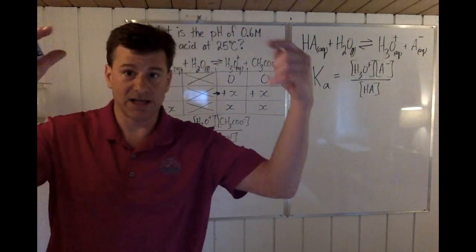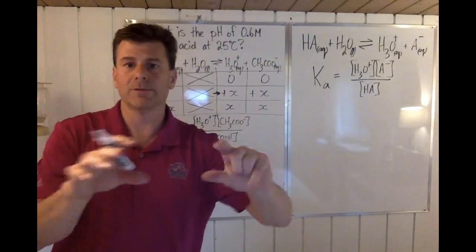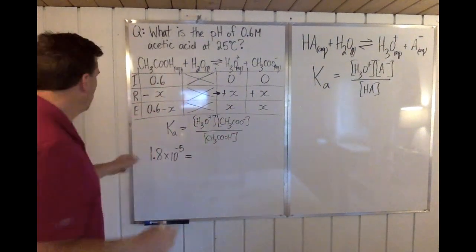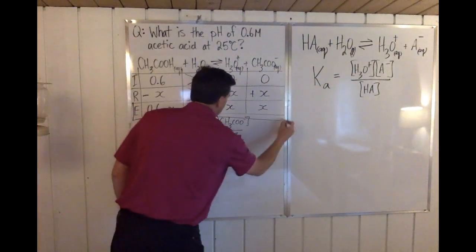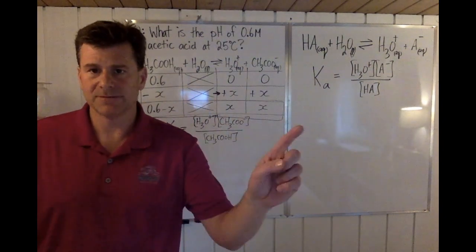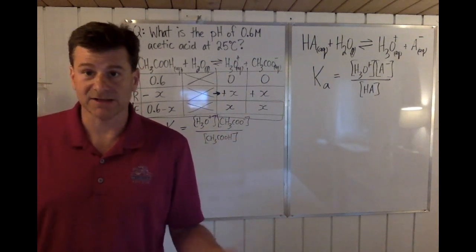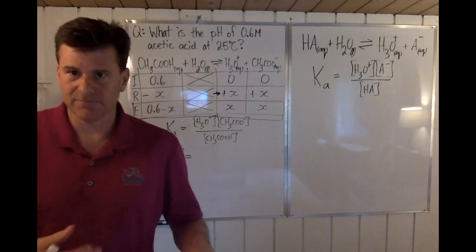Okay, now we're talking about the E line, right? We don't want the I line, we don't want the R line or the C line. We want the E line. Equilibrium is what the K expression uses. So we want this line here, that guy down there. So it's going to be the hydronium times the CH3COO minus. Each of them are x. So I'm going to cut to that mathematical chase.